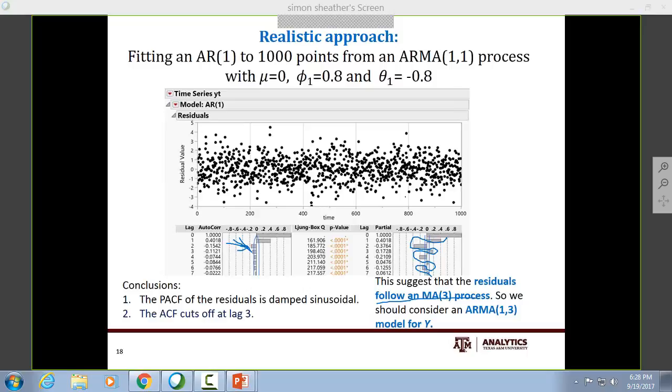So we're going to say as our first guess, and not our last, we're going to fit an ARMA(1,3).